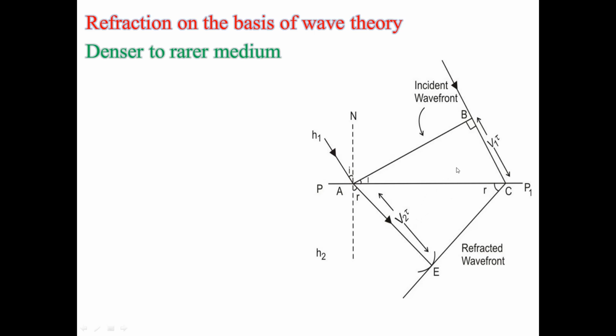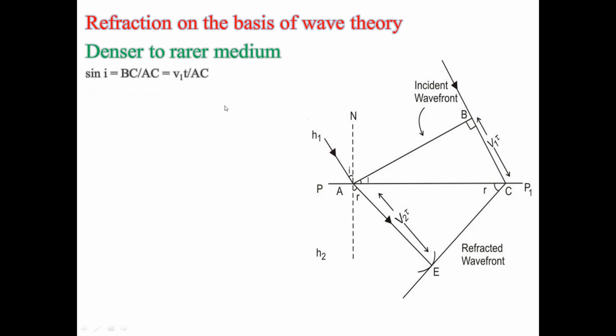AE is greater than BC. AE is the speed of light in medium 2, that is V2 into T, while BC is V1 into T. V2 is greater than V1. So AB represents the incident wavefront and CE represents the refracted wavefront.